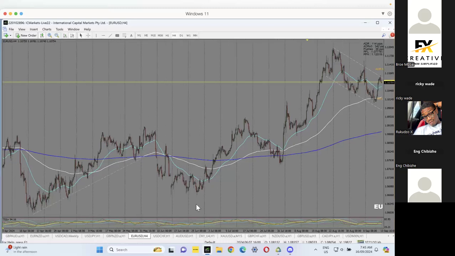All right. And the momentum will always make sure that they break the previous high. Okay. But forming new lows. So that on its own should tell you something.